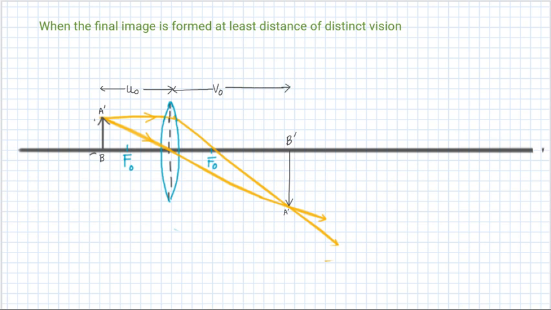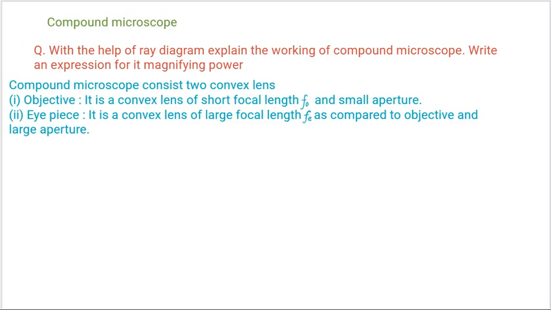So this was your objective. The next convex lens is your eyepiece. This convex lens has a larger focal length.